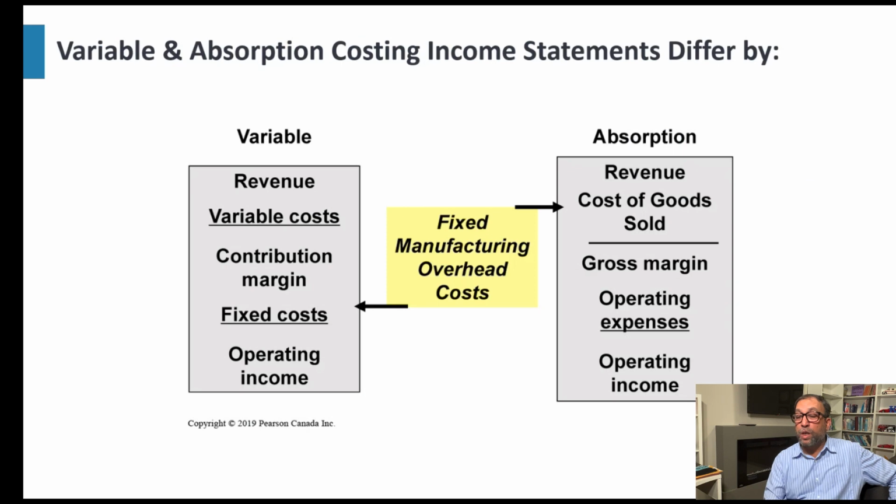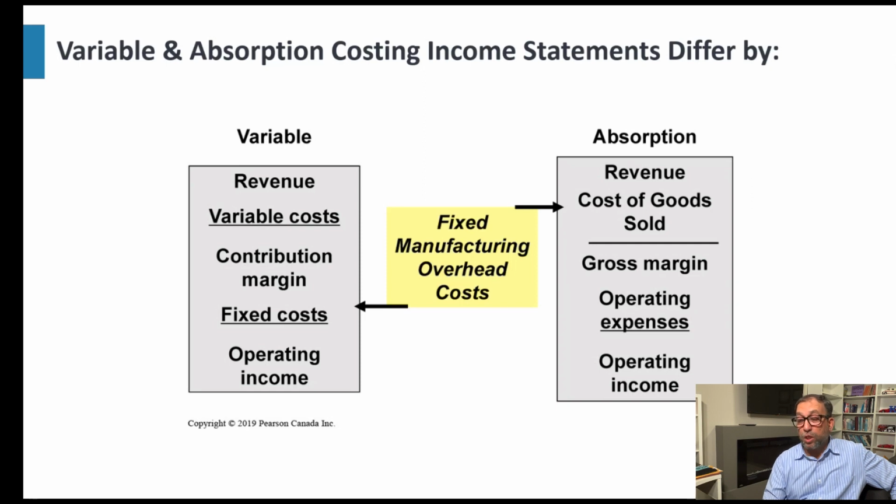In the variable costing method, in both methods, revenue is the same. The only difference is that here we subtract variable costs and get a contribution margin. And then we subtract the fixed costs and we get operating income. That's the standard variable method.